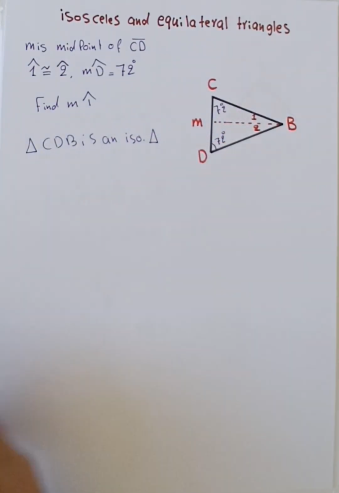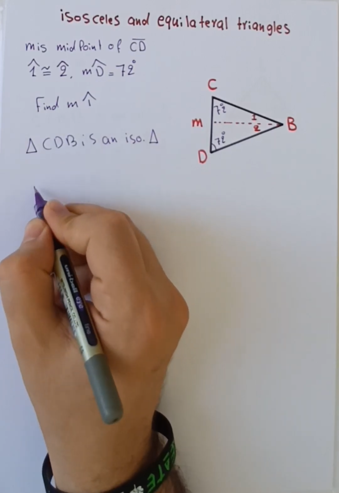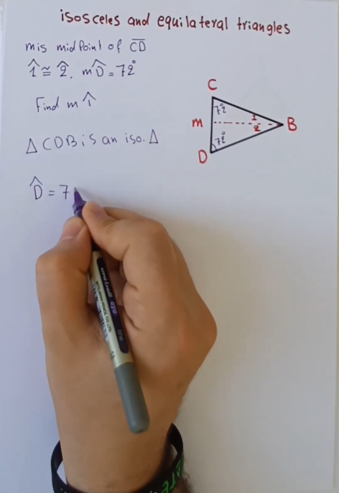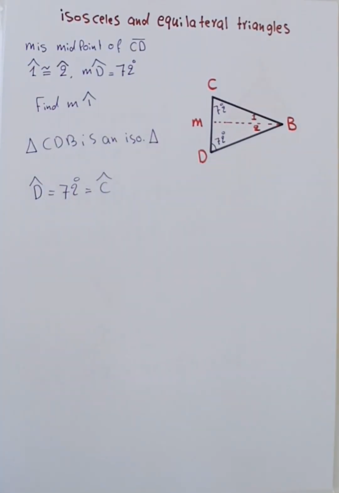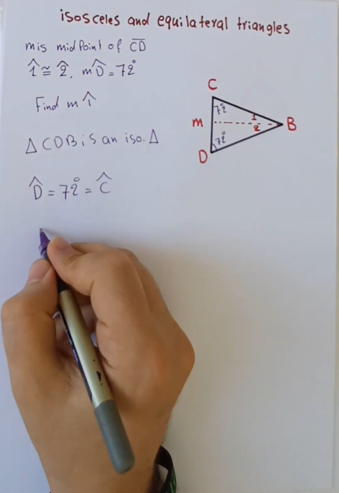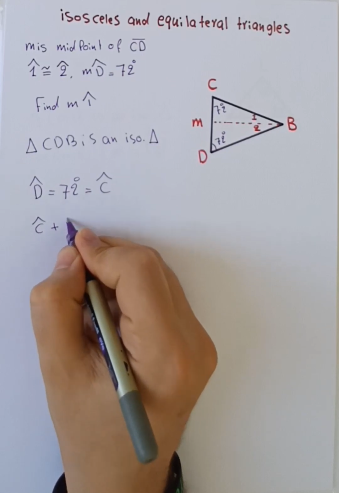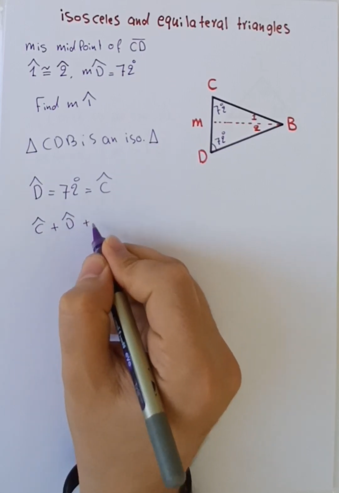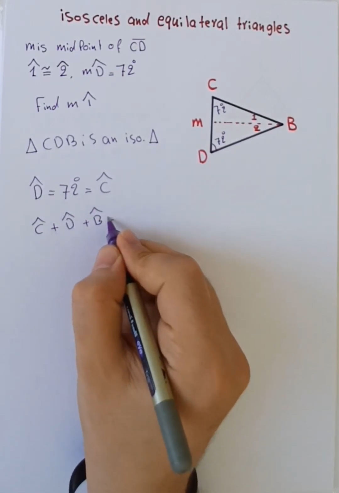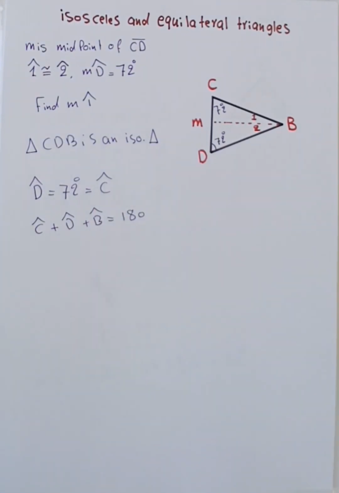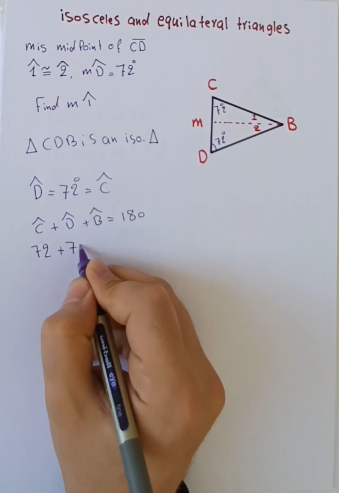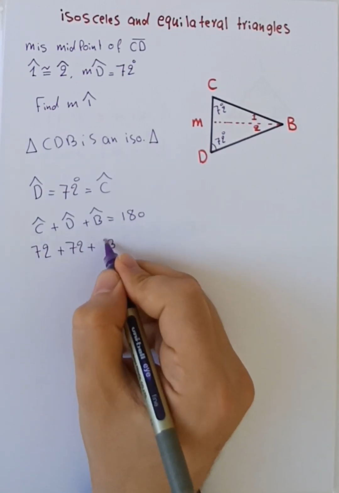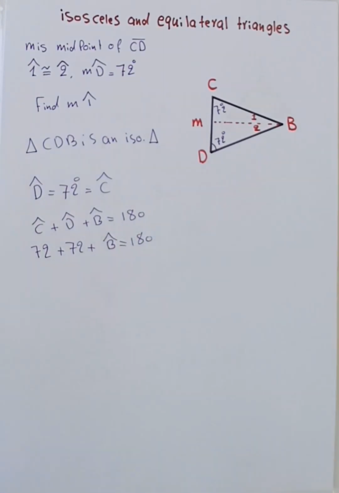So we can say the measure of angle D equal to 72, and that is equal to the measure of angle C. After that, for finding the measure of angle B, the measure of angle C plus the measure of angle D plus the measure of angle B equal to 180. The measure of angle C is 72, plus 72, plus the measure of angle B equal to 180.